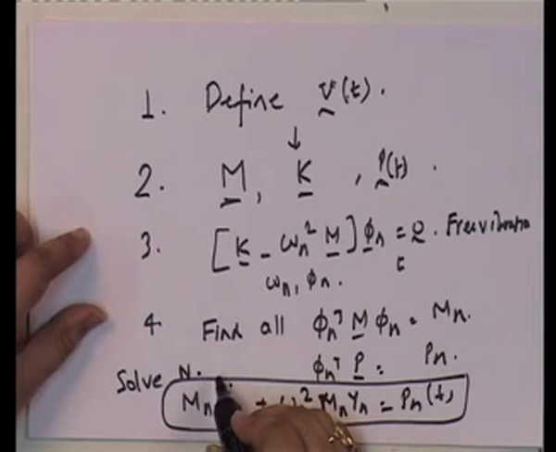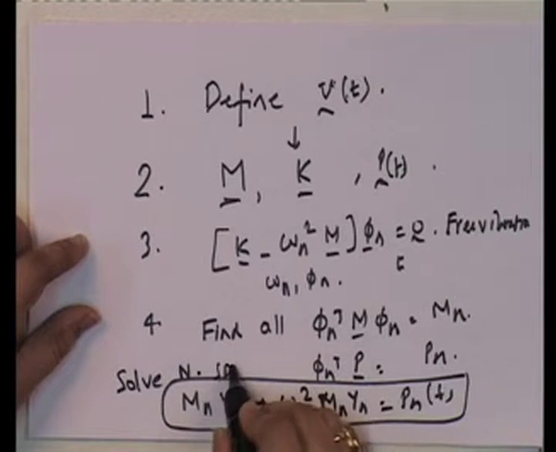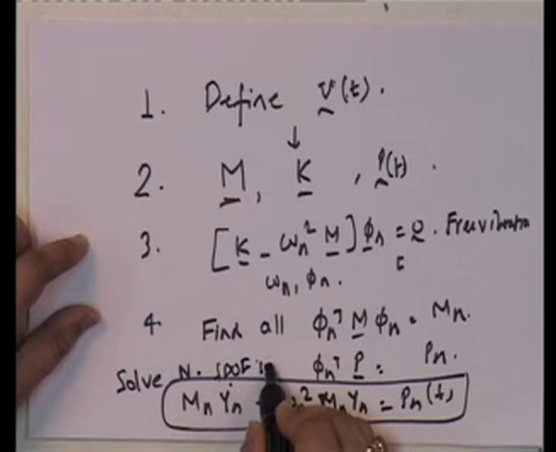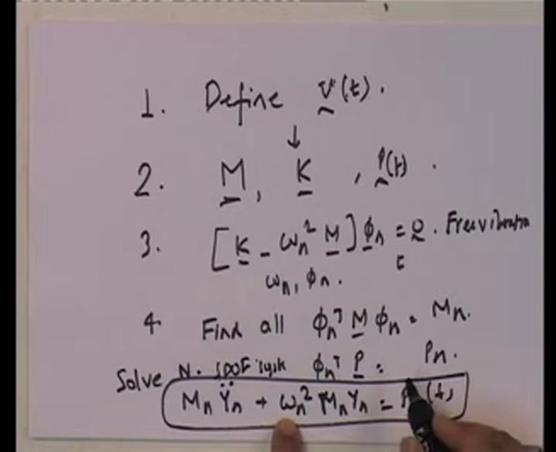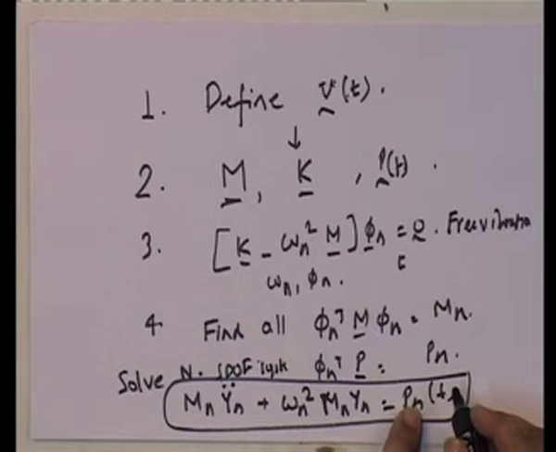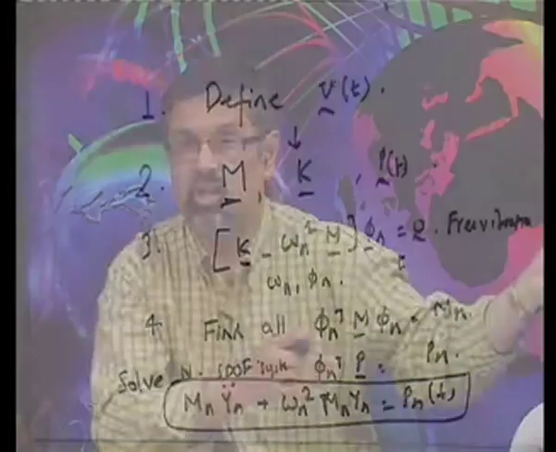n single degree of freedom system problems, where Mn yn double dot plus omega n squared Mn yn is equal to Pn of t. Well, this is a single degree of freedom. We already have solved many single degree of freedom problems.